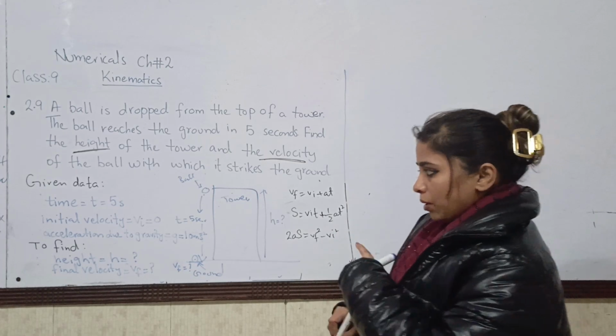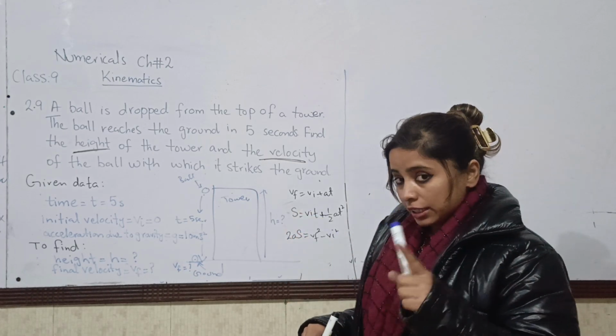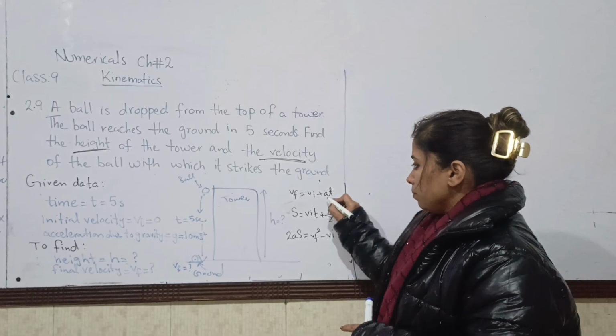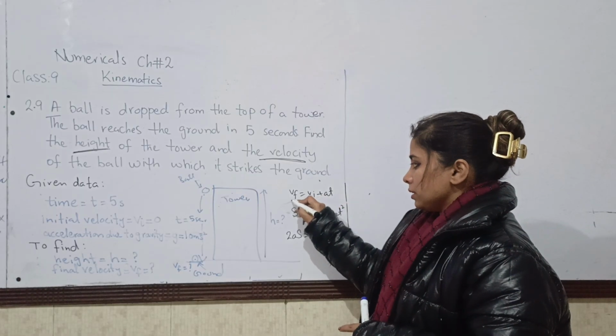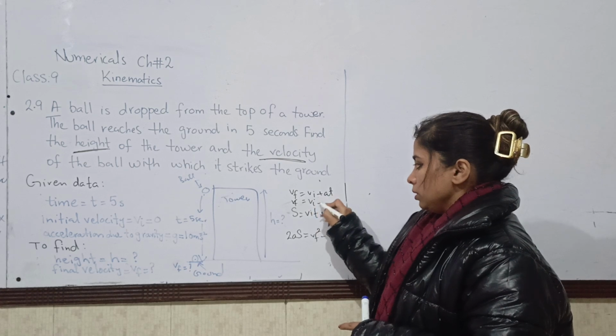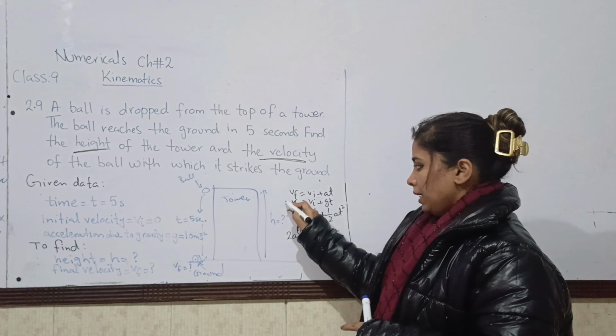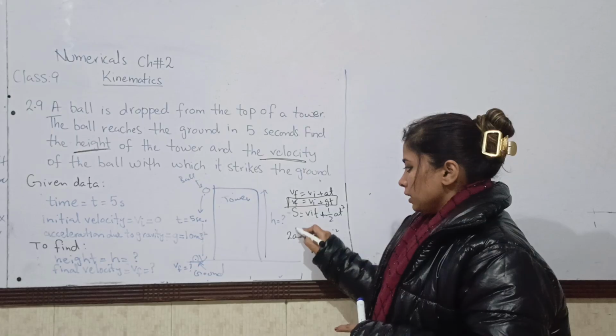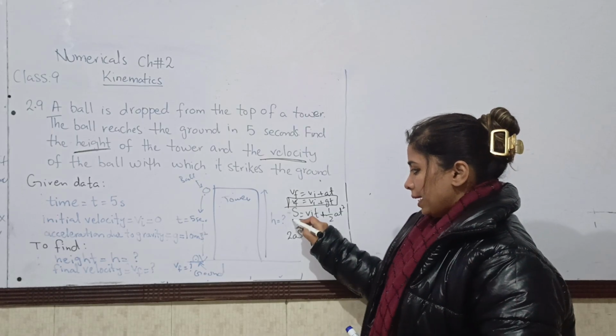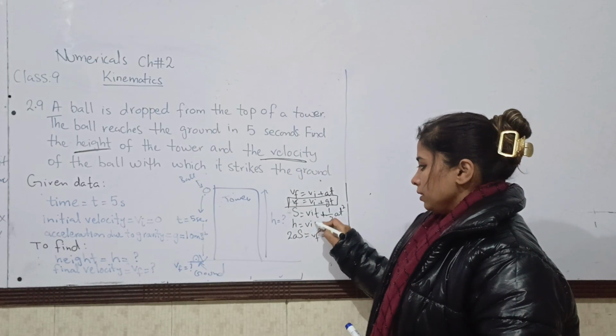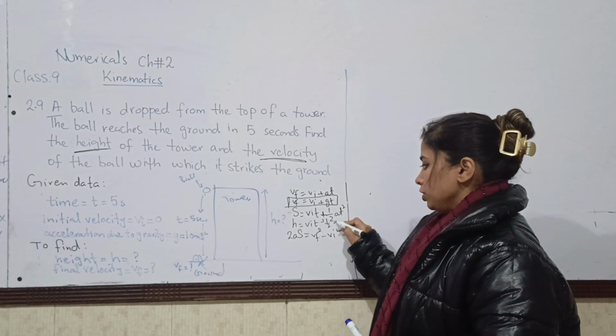As we are concerned about height, acceleration changes into gravity, that will be g. So we will replace these equations this way, and s will change into h, equal to vit plus half gt square.